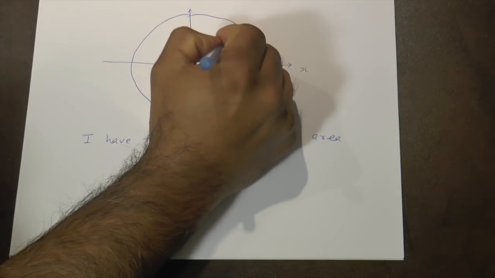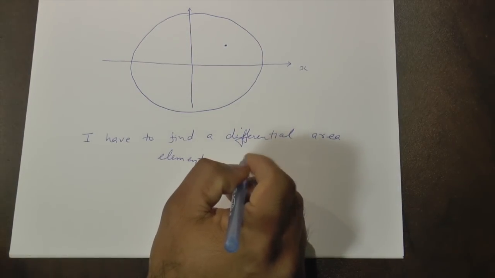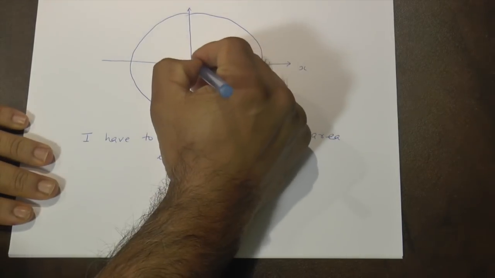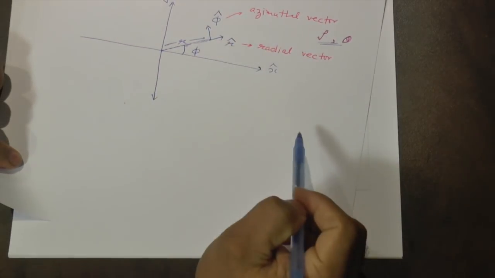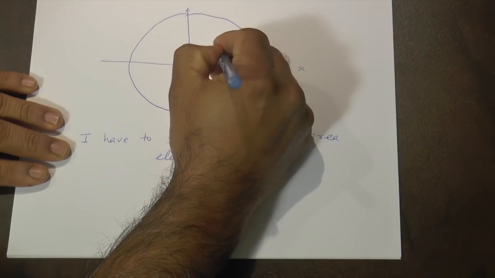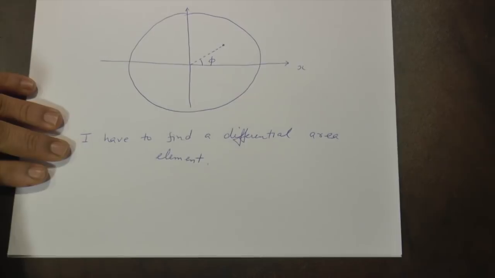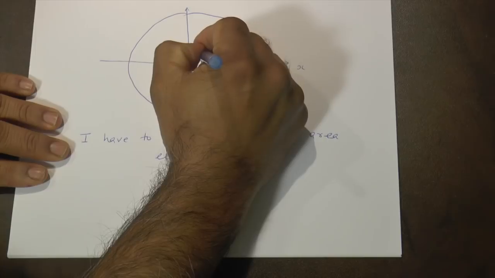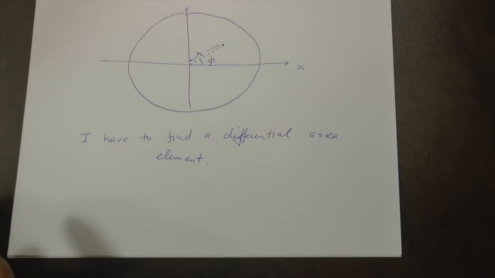So let's say I go to some point here, and I want to define the differential area around that region. I'm going to define this point based on my vectors. This point is at an angle phi with the x-axis, the azimuthal angle is phi, and is at a distance r from the center, the radial variable I have put in.